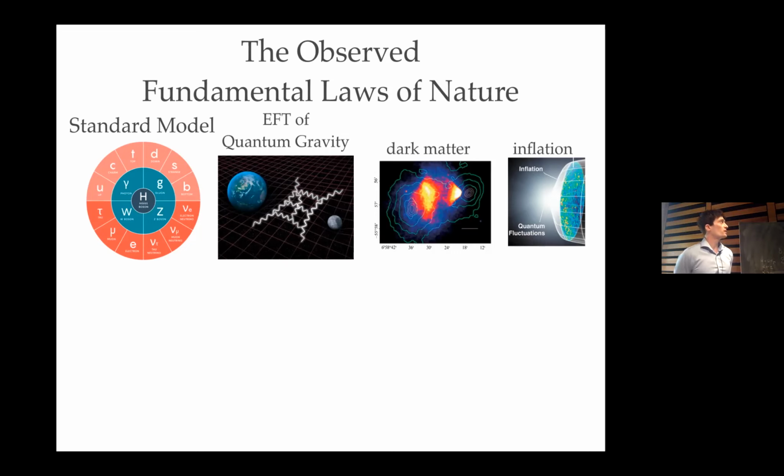And it's also true of beyond the Standard Model physics, things like dark matter and inflation. It's quite straightforward to write down models of these things in quantum field theory that match all available data. In some ways, the problem is it's too easy. We have too many models that work, and we need experiment to distinguish between them. So this is an impressive success of quantum field theory.